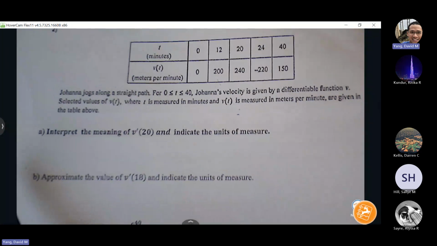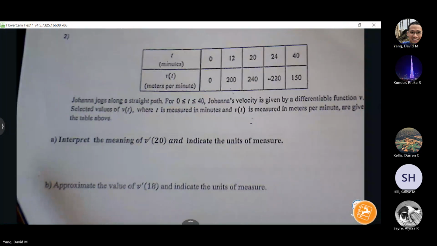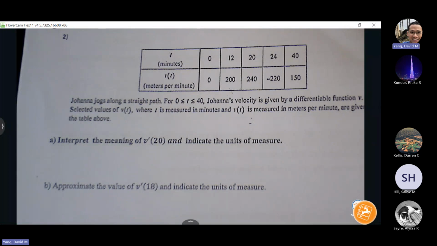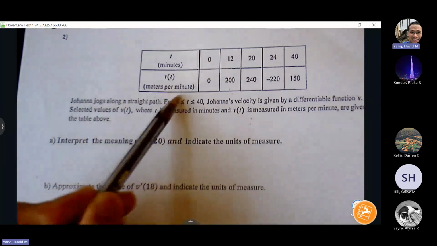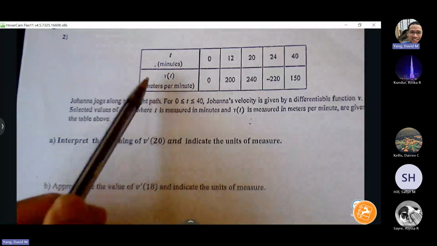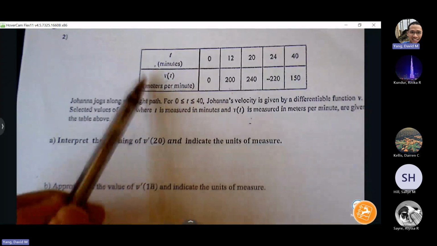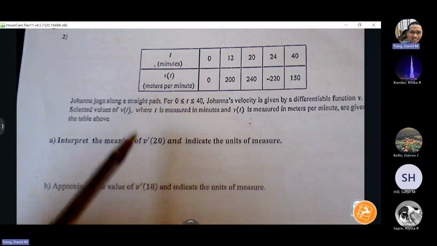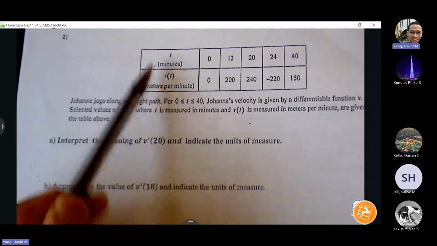In terms of the meaning of v prime of 20, first off, what is the unit going to be? It's going to be meters per minute squared, right? If I want to get from velocity to acceleration, I'm asking for the rate of change of velocity, so the units will change.